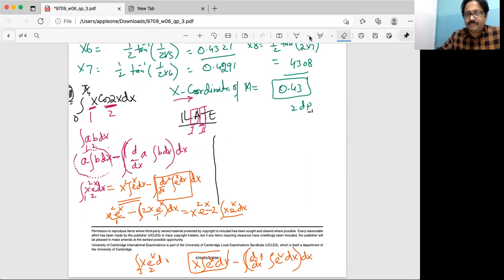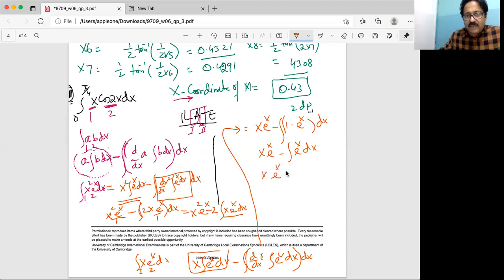So this becomes x, integral of e^x becomes e^x, minus the whole derivative of x, which is 1, and integral of e^x again e^x, with dx. So x e^x minus e^x, that's the result. This was just an example.